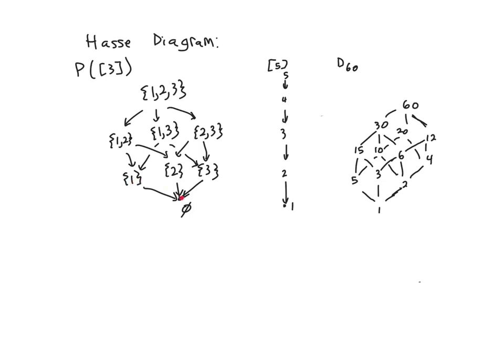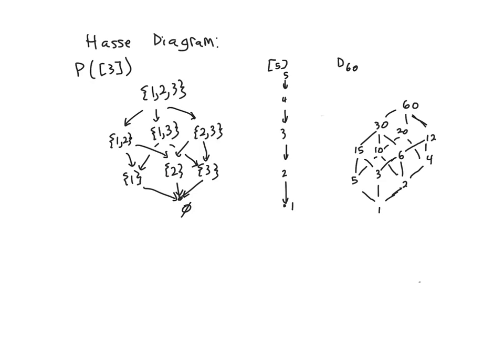So this set is greater than or equal to the empty set, and there's no set in between, and so I draw this directed arrow. And similarly, this set's contained in that set, but there's nothing in between, so I draw this directed arrow. And so the directed arrows correspond to pairs where Q covers P.